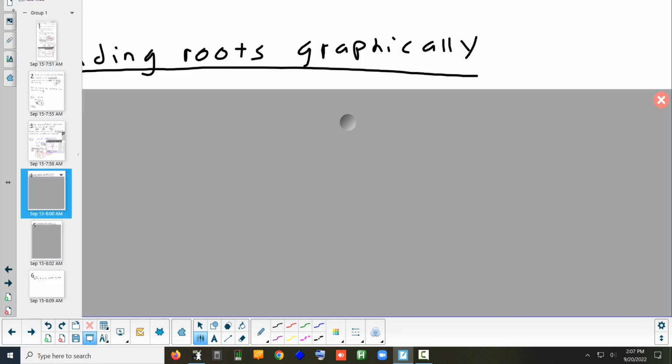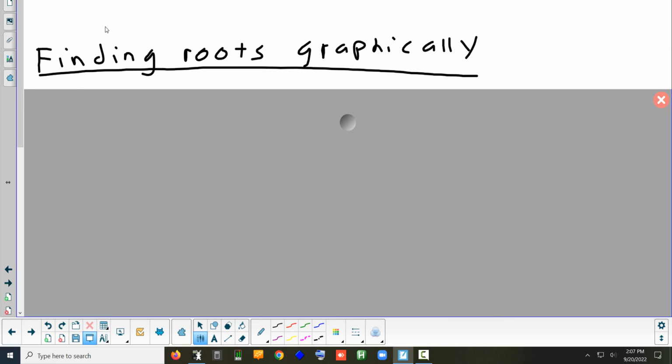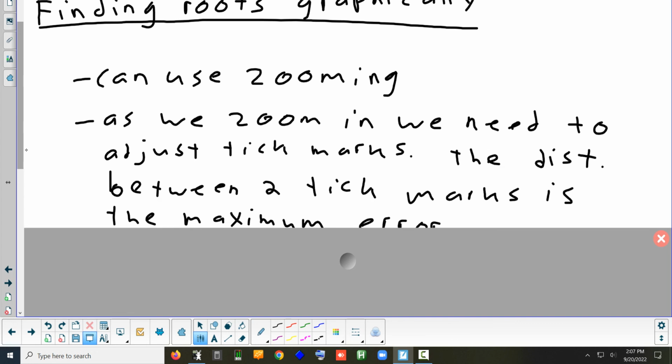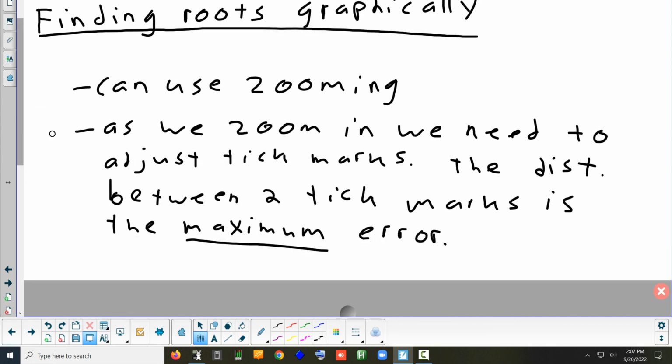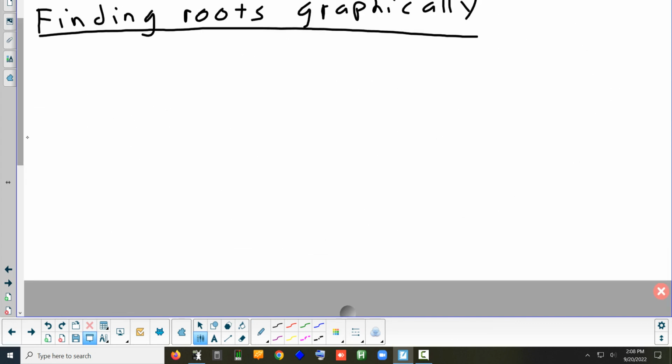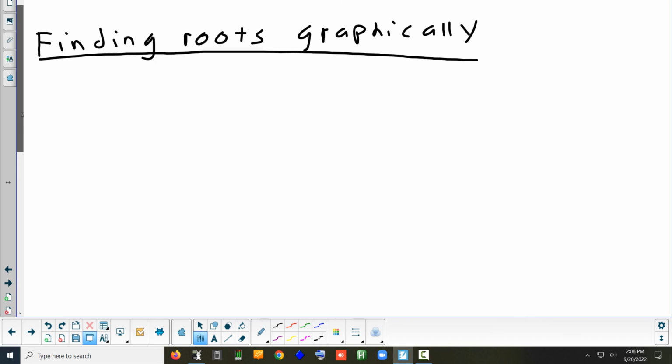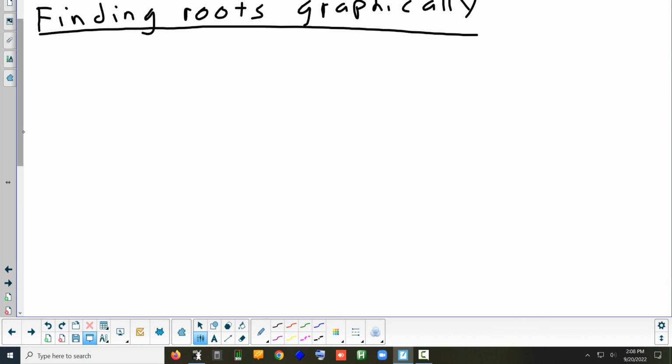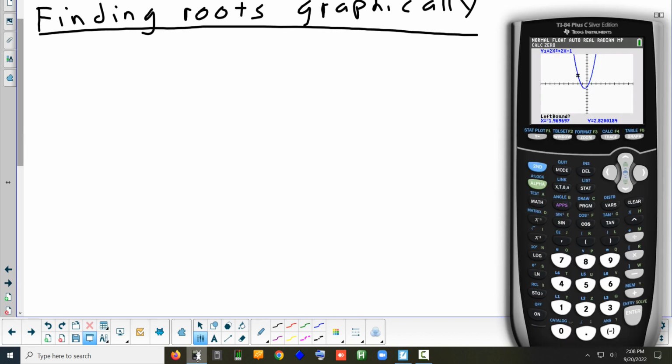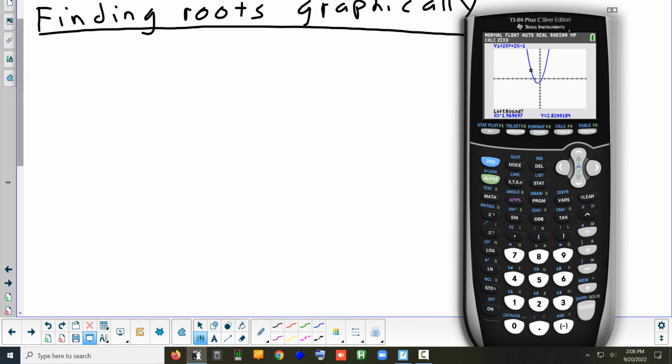So what we just did there was an example of finding a root graphically. The old way you had to find a root graphically is basically to do something like this. You had to press trace and move it till you think you got it pretty close.